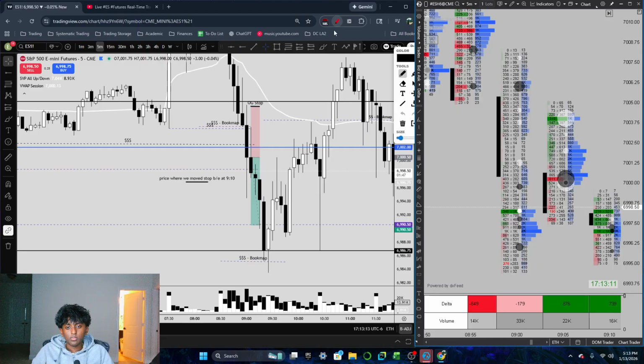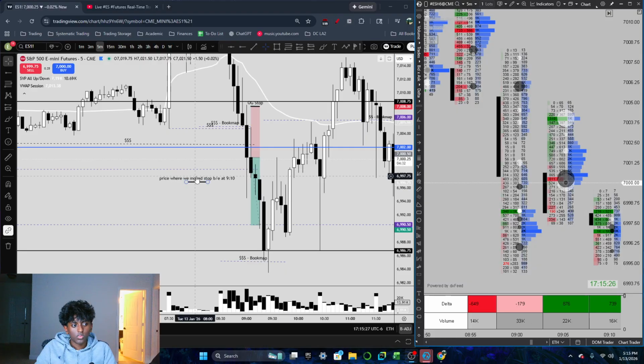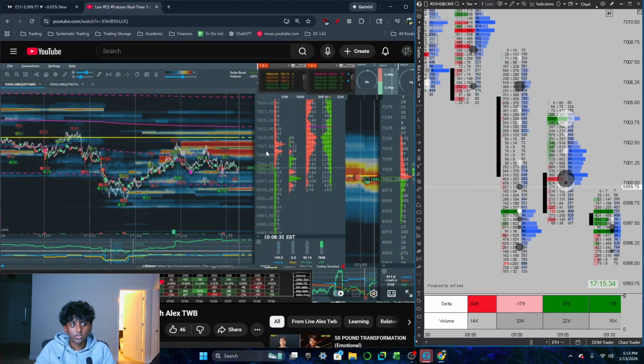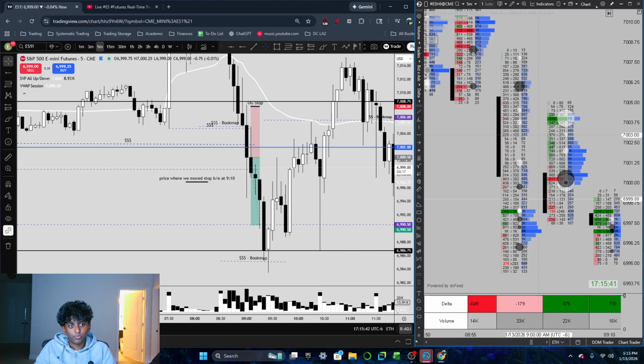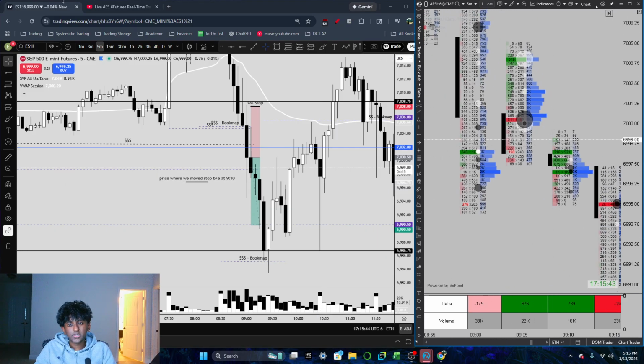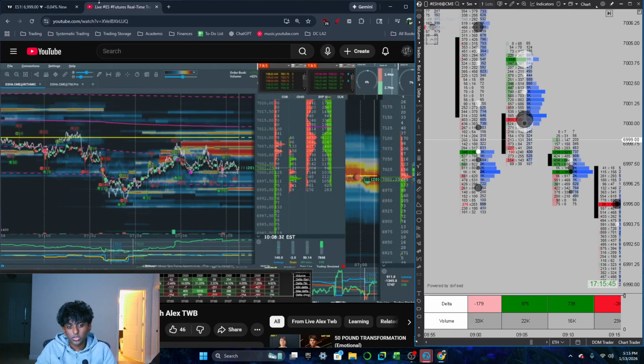Now, as you see, we moved our stop to break even pretty quickly, and the reason behind that was simply the lack of targets that we have. That being said, we saw a really good signal. Just because there aren't the best targets doesn't mean we should not enter.